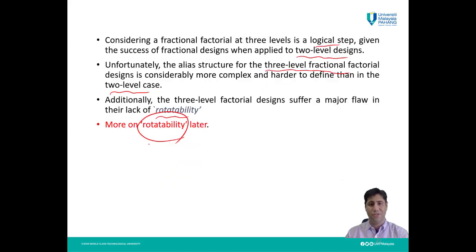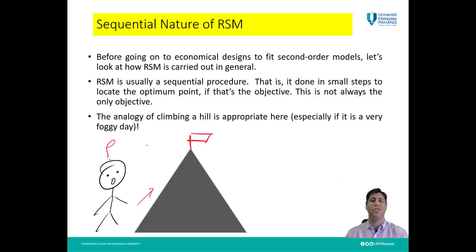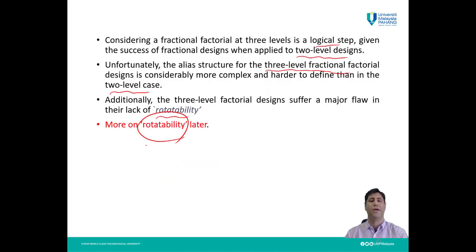Okay, up to here I think is enough for this session. Next session I will continue to see the general procedure of how RSM works and how it reaches the peaks. We will start gradually to talk about optimization.